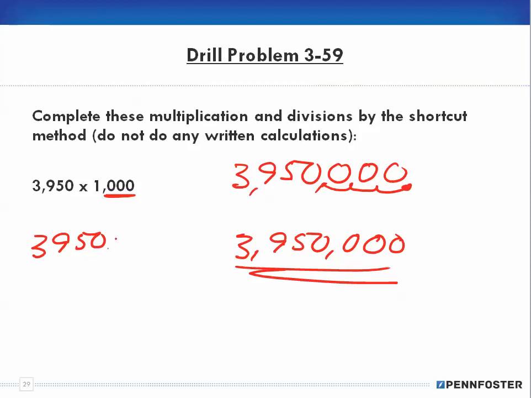With 1,000, all I'm doing is adding the 3 zeros, knowing that my decimal place is going to be here. So all I need to do is just put in the commas, and now I've done it a little quicker than showing how many places I go over. So my answer is 3,950,000.